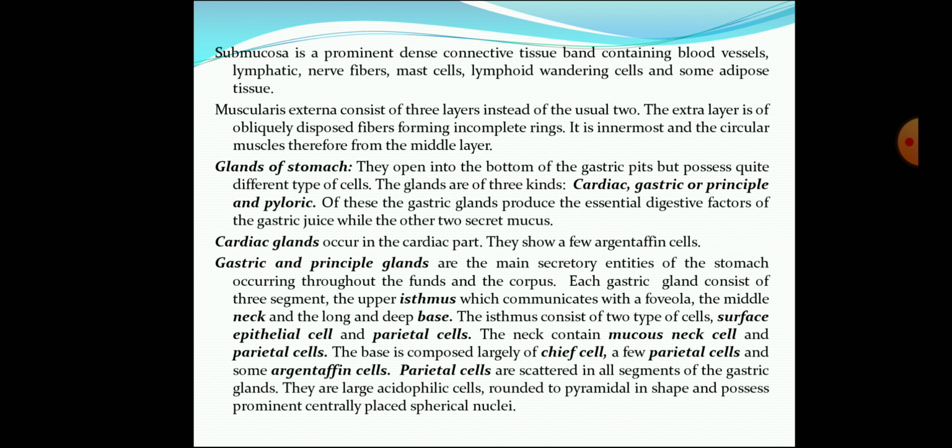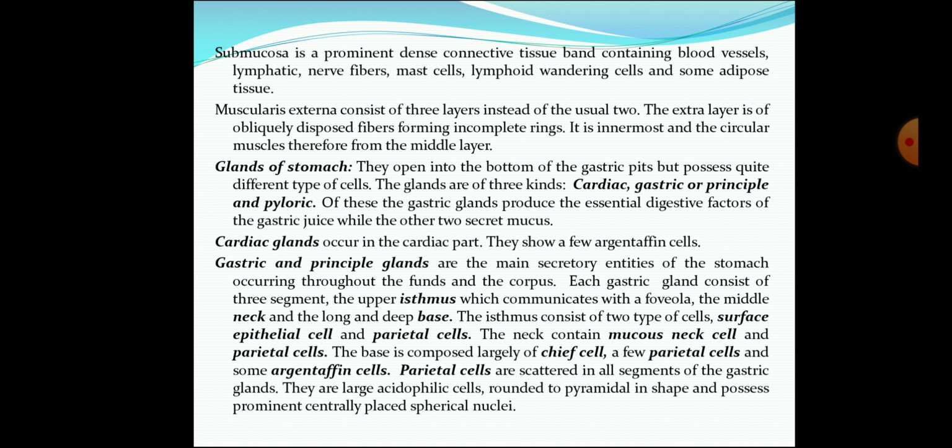Chief cells, also called zymogenic or peptic cells, are the most numerous cuboidal basophilic cells bearing short irregular microvilli on their luminal surface.